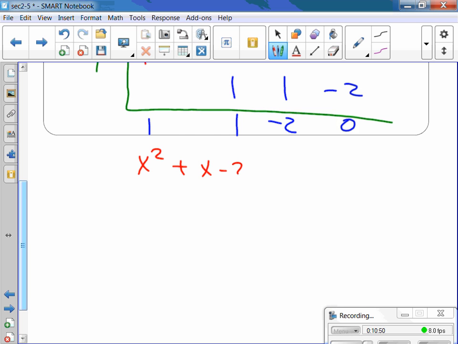And again, we're looking for the zeros. What is this factor to? It's a tough factor, I know.